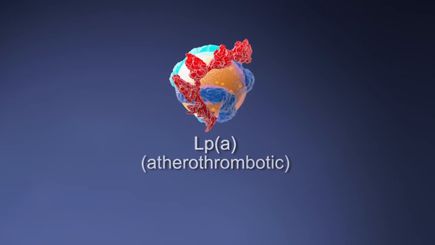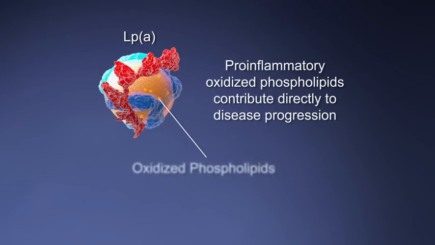In addition, there is evidence that lipoprotein a carries pro-inflammatory oxidized phospholipids to the arterial wall, is retained in the arterial wall, accumulates in plaques, and contributes directly to disease progression.